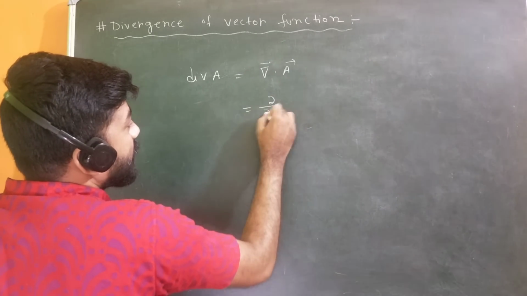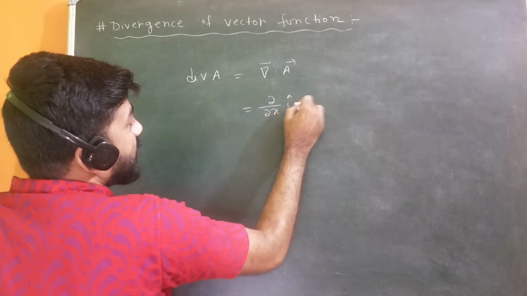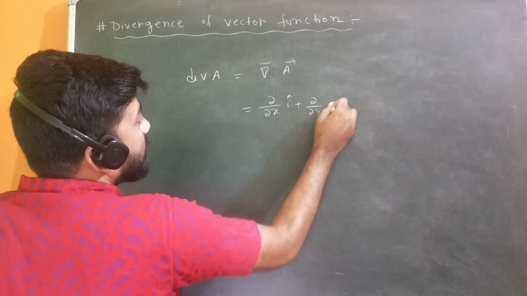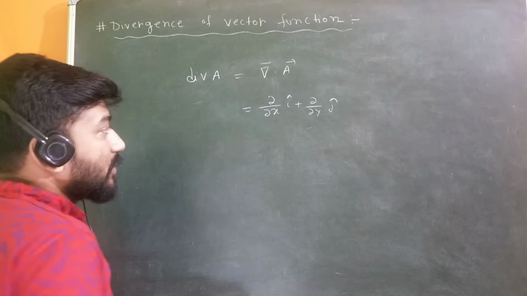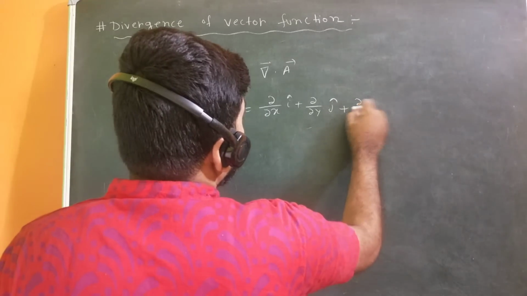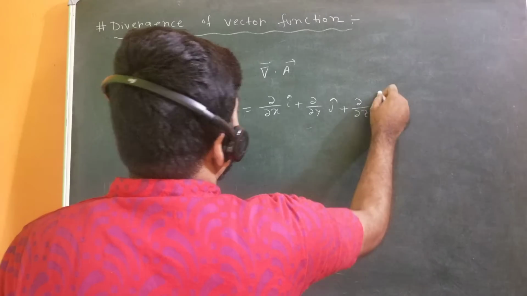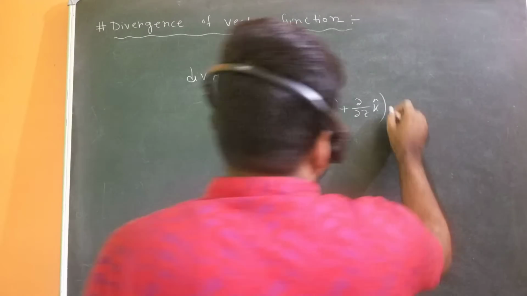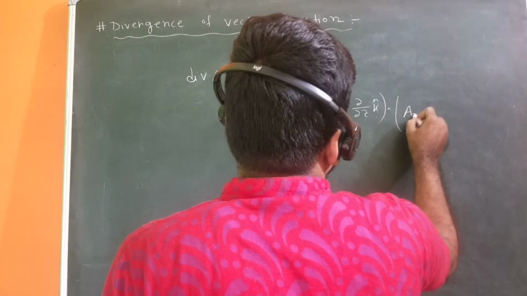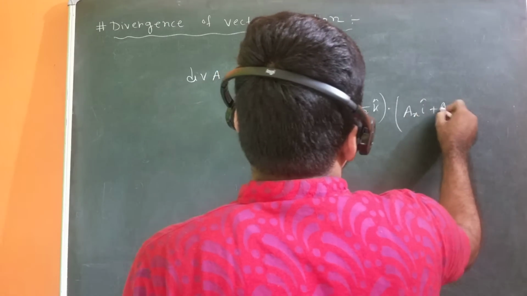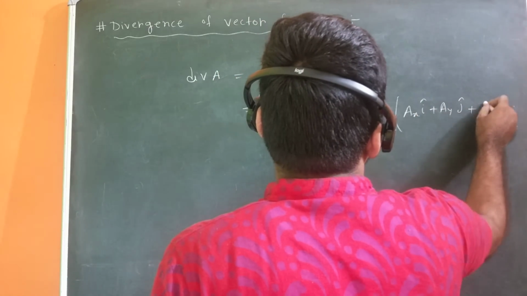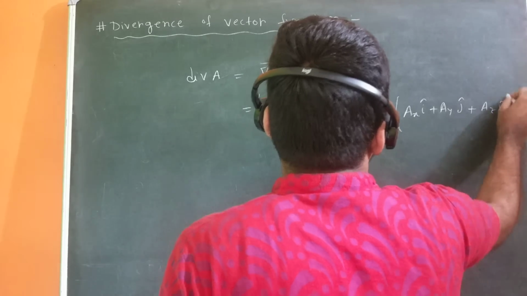We defined earlier that it is del/del x i cap plus del/del y j cap plus del/del z k cap, and it will operate on the vector function A, which we can write in component form as Ax i cap plus Ay j cap plus Az k cap. This is as simple as that.